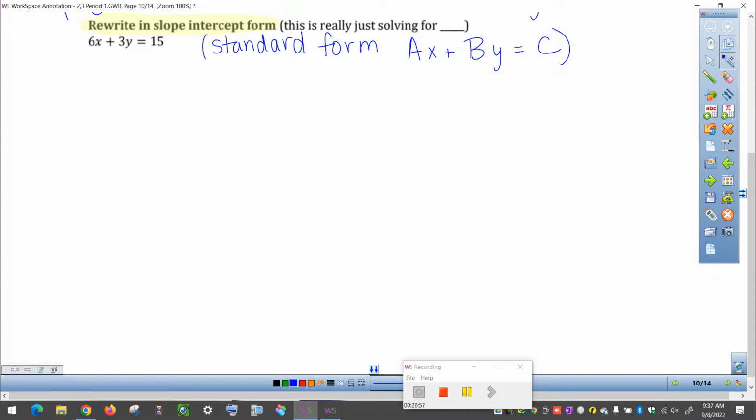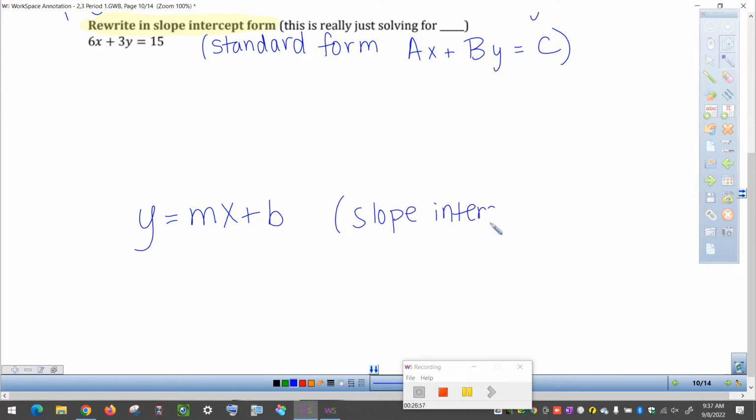Because slope-intercept form, our final answer here, needs to be in y equals mx plus b format, notice all that's happening here is we just need to get the y all by itself. And so really, all we're doing in this problem is we are rearranging things. We're really just solving for y.